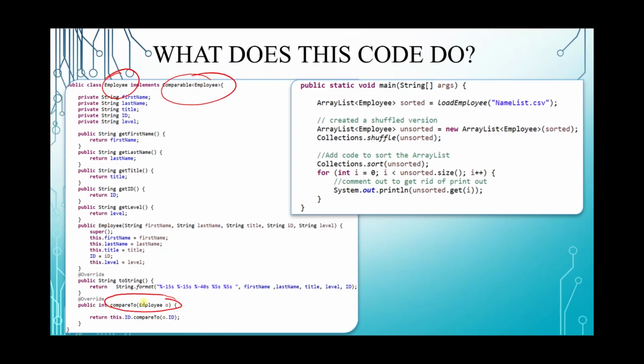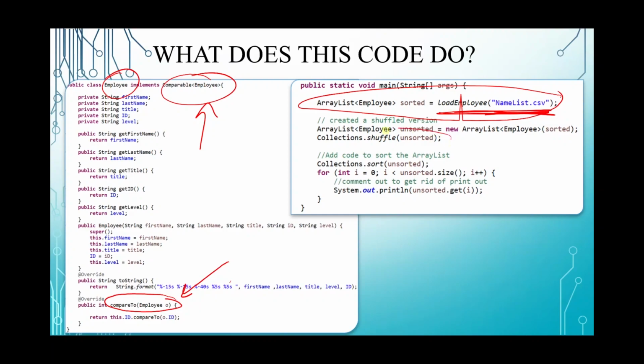You have to override it from this interface, and you have to provide it with an implementation. If we are loading our employees from a CSV file, this is exactly what you are going to be doing at the end of this lecture. You have an exercise where you load the employees from a CSV file.